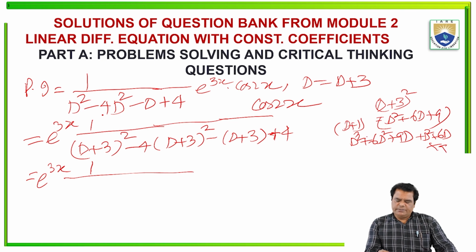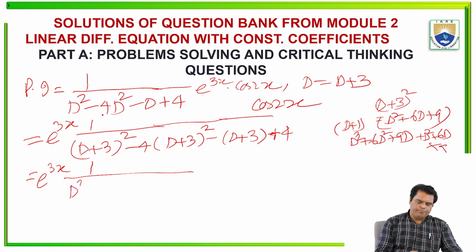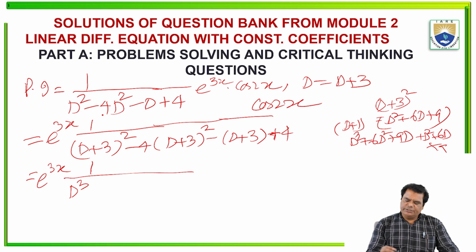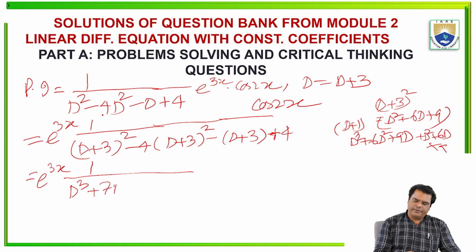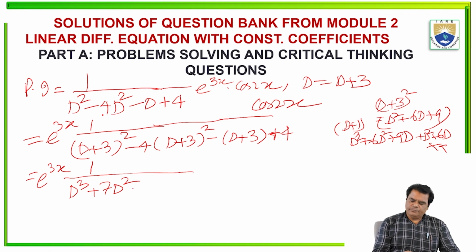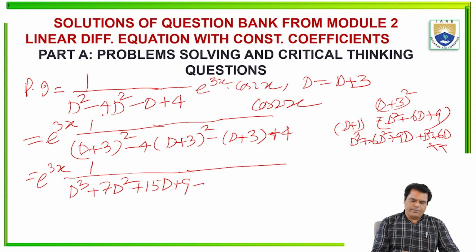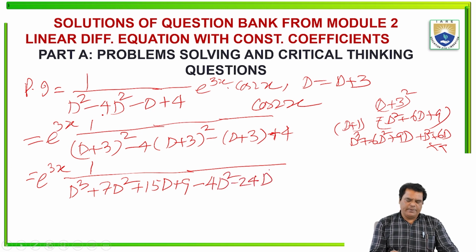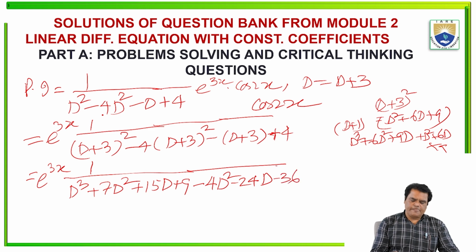So here is D³ + 7D² + 15D + 9, and minus D², opening this, then minus 4D² − 24D − 36, and here minus D − 3 plus 4.